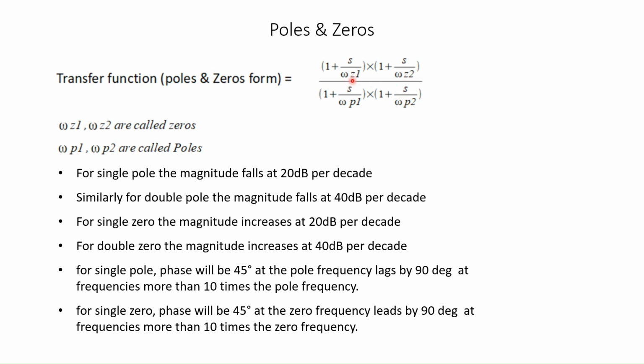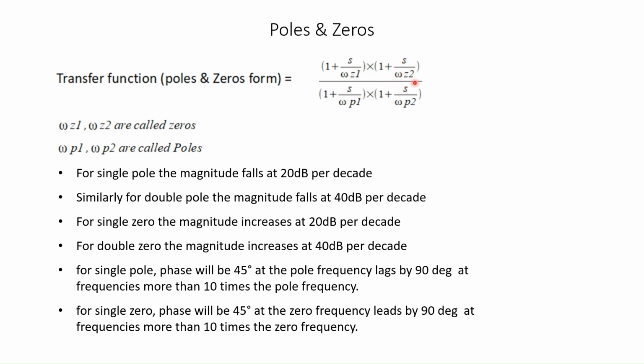When omega reaches omega z1, since it's a numerator term, the magnitude will increase at 20 dB per decade after crossing omega z1. So the 40 dB per decade fall, when added to the increase of 20 dB per decade, gives a net fall of 20 dB per decade.